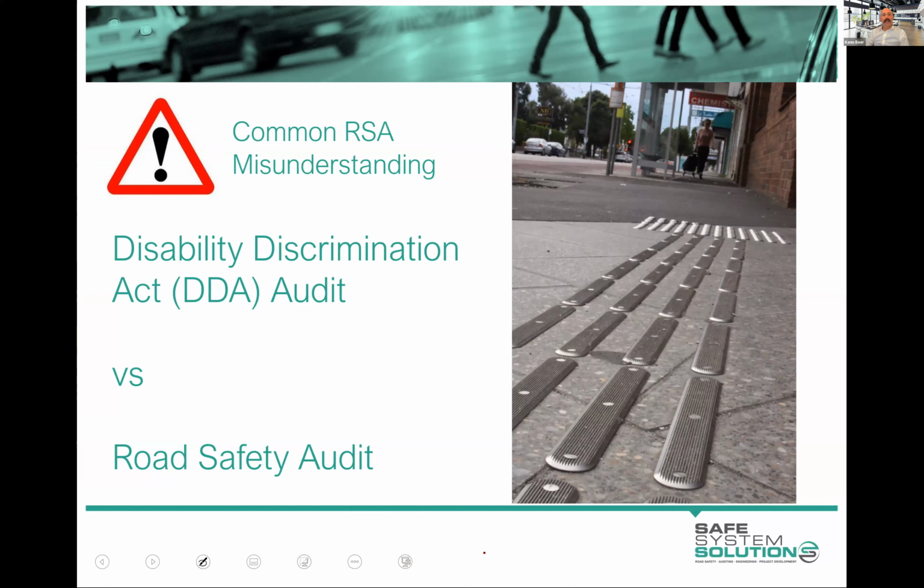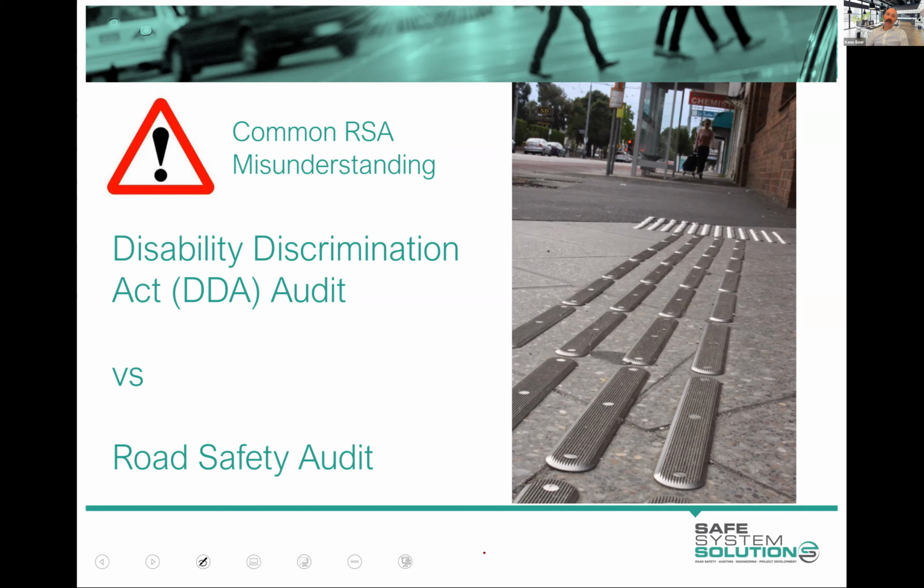One common misunderstanding about road safety audits, which I flagged from a process perspective, is that you will have clients who think that a road safety audit is a DDA compliance audit. Now, DDA is the Disability Discrimination Act, an enforceable act in many jurisdictions, or they've got a similar act, and it ensures that any facility is accessible to everybody, so that people in wheelchairs, vision impaired people or people with other mobility needs can access public facilities and other facilities.